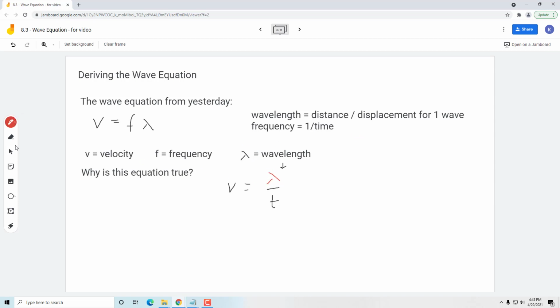And frequency is really 1 over time. So the velocity is lambda times 1 over t. So that's why it's equal to f lambda. So that's where that equation comes from.